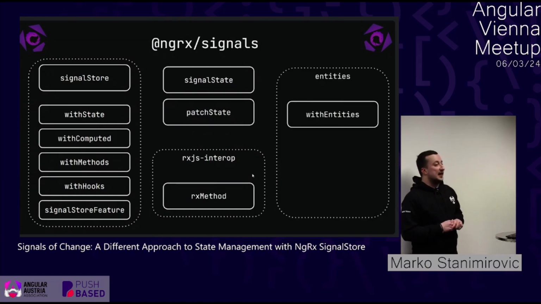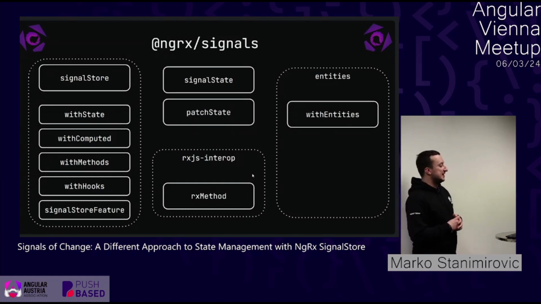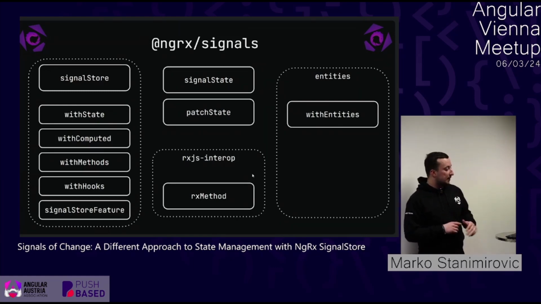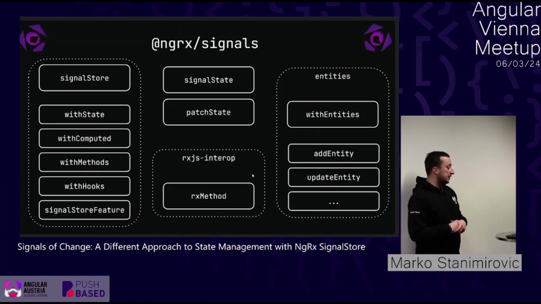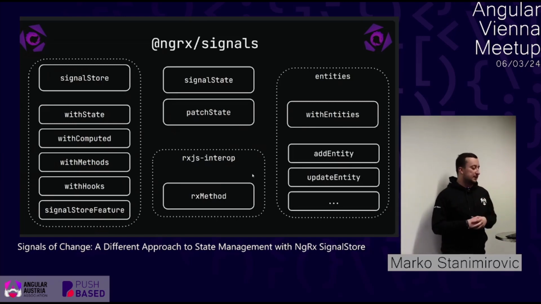And also there is an entities plugin, and the entities plugin is, if you use NgRx Entity, this is NgRx Entity for the SignalStore. So it contains the withEntities feature, and there are also some updaters: addEntity, updateEntity, setEntity, removeEntity, etc.